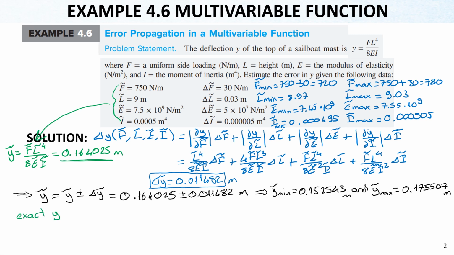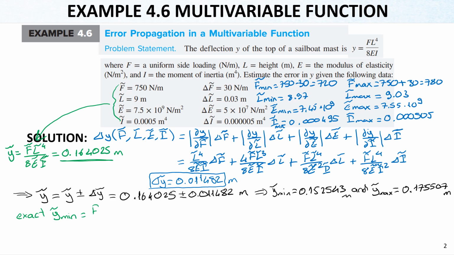Exact y min is equivalent to simply F min, for the minimum value. We will get the min values here.